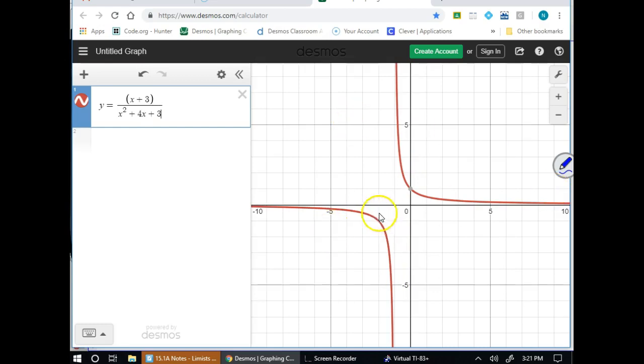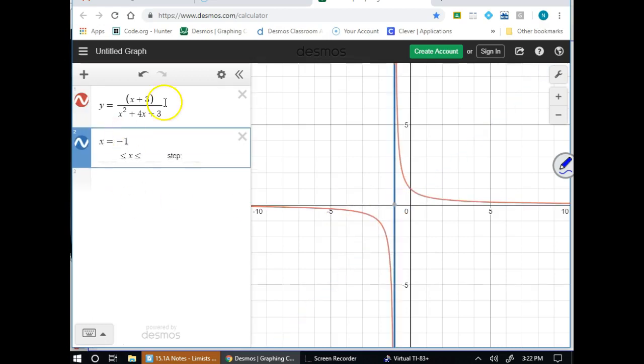We can see here at negative 1 we have a vertical asymptote. So if I put that vertical asymptote in there at x equals negative 1, as we get closer and closer to that blue line at negative 1, our y values keep going down to negative infinity.